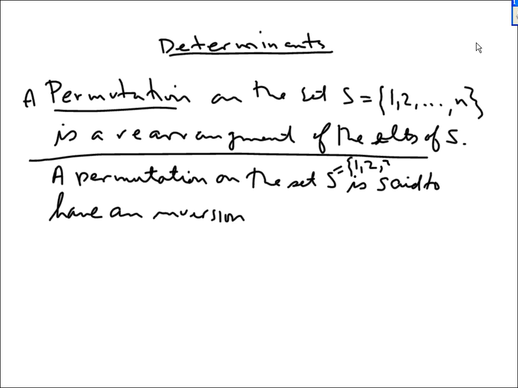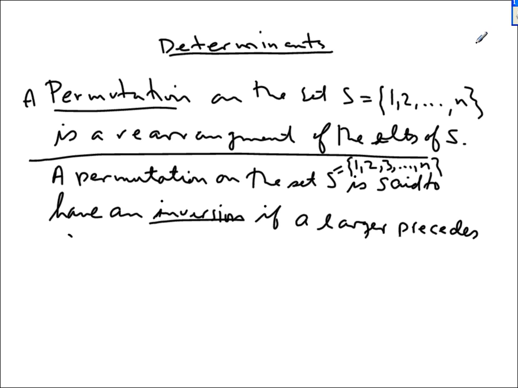They're numbers, they count their numbers from 1 to n. A permutation on set S is said to have an inversion if a larger number precedes a smaller number.